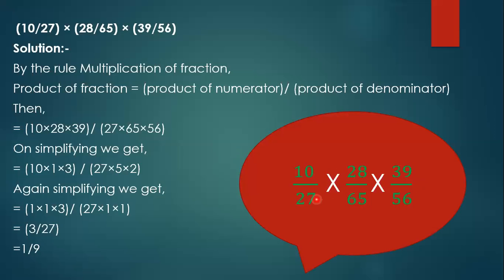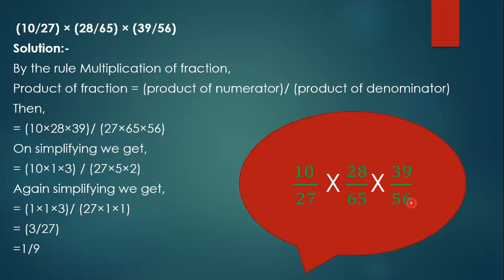Now children, if you pay attention, you will see that 39 and 65, they both come in the table of 13. See children, for cancellation your tables concept should be extremely good. Now if you see, 65 comes in the table of 13 5 times, 39 comes in the table of 13 3 times. 28, what is double of 28?